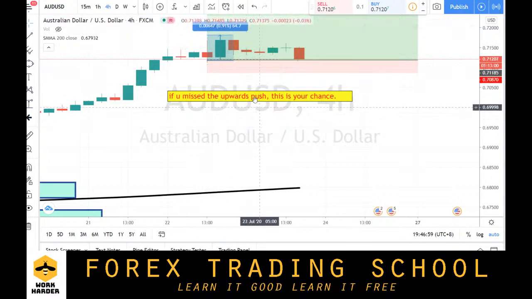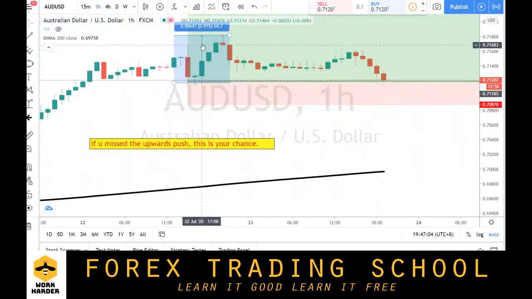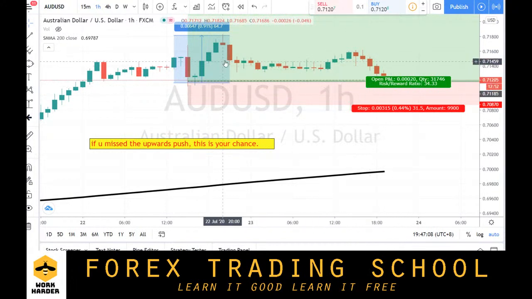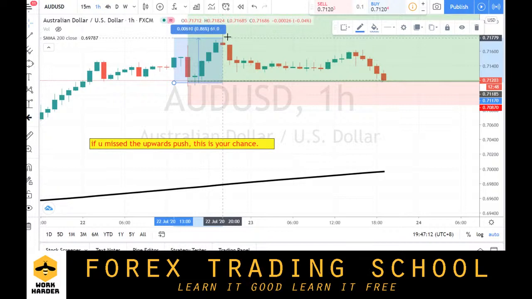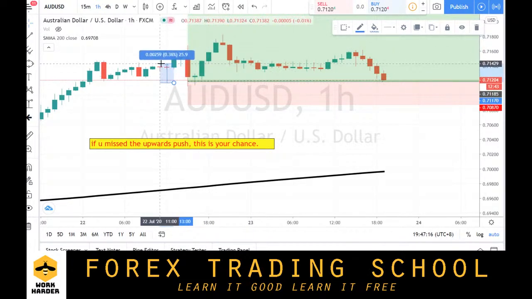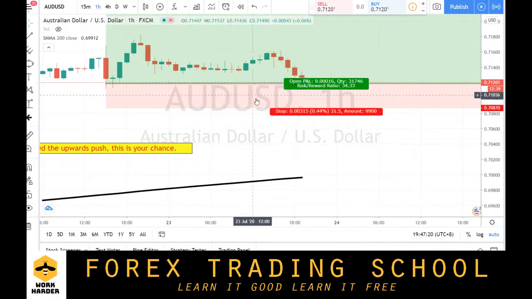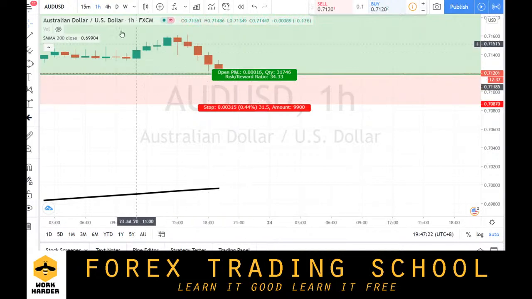We didn't take profit, and on the same day, see, it came back down. It came back down, and we were stopped out on the trailing stop with 1 pip only.